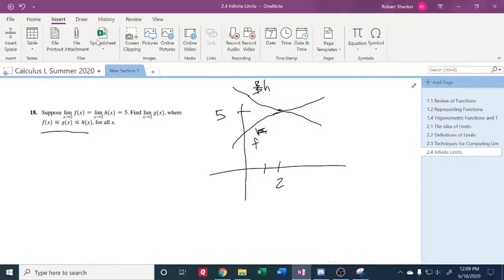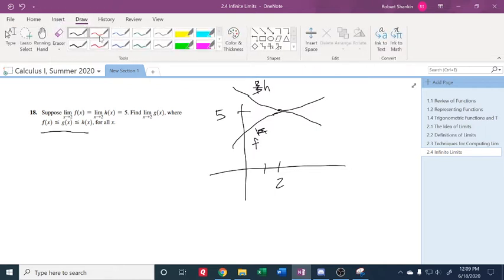Okay. Now, the g, for all values of x, is stuck in between. It's higher than the f and lower than the h. So the g must be somewhere in between these two. All right, now find this limit.